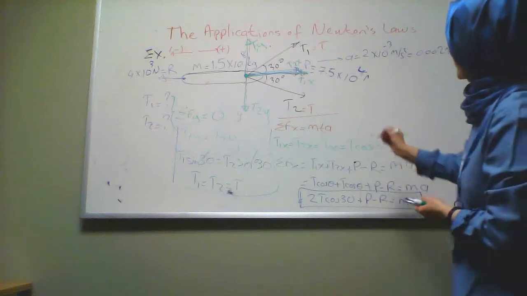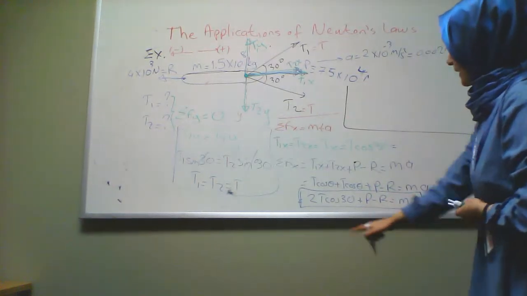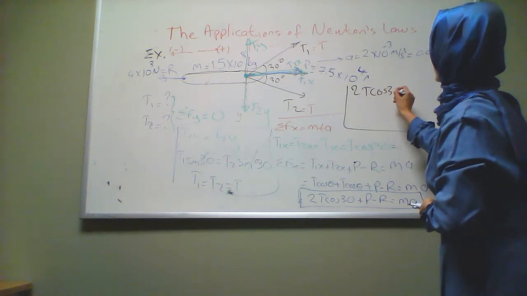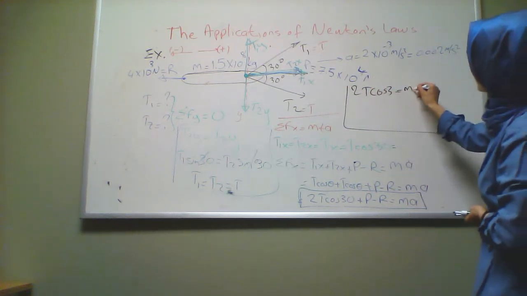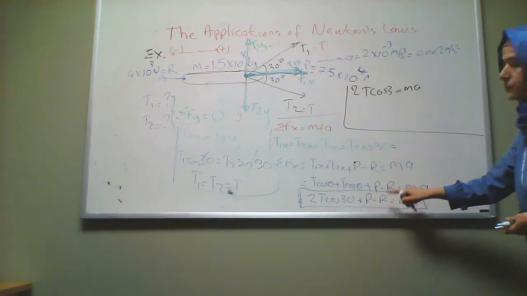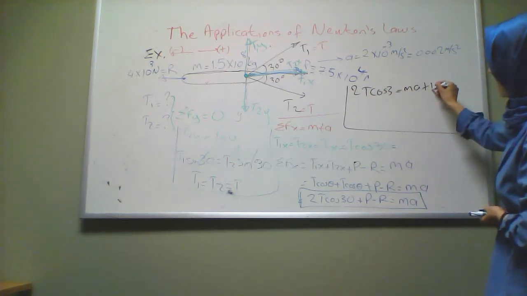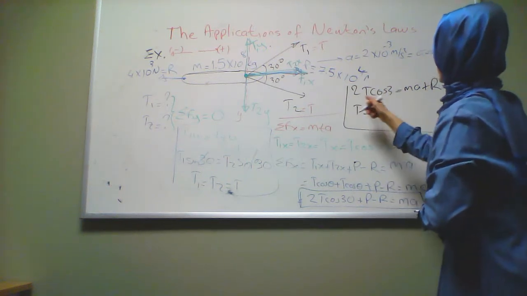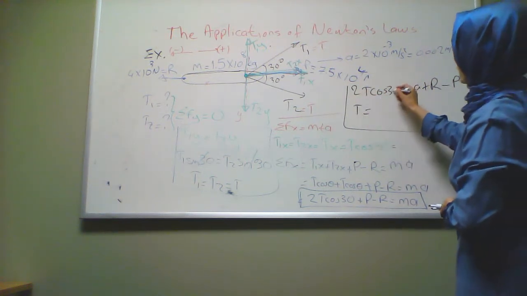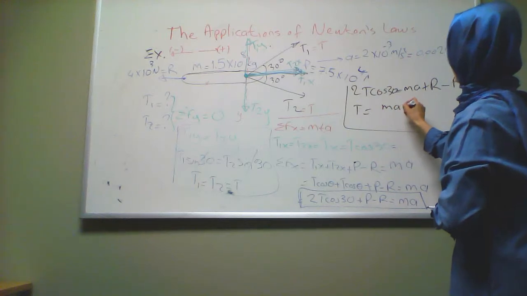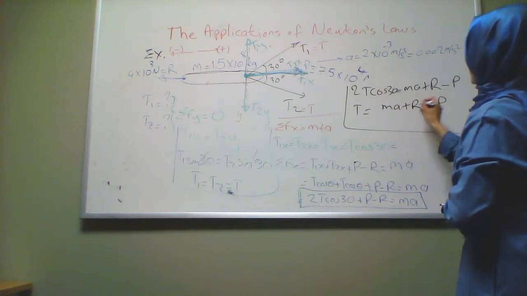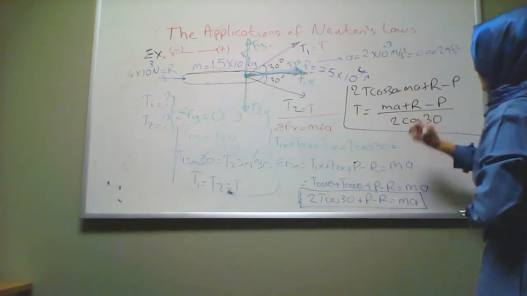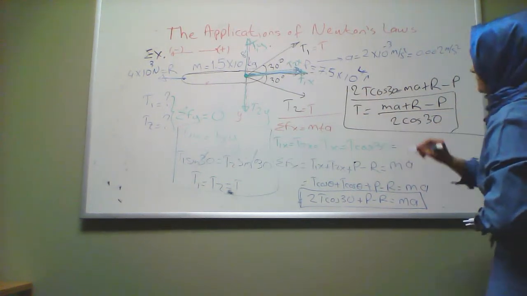Alright, let's go. I'm solving for T, so 2 times T cosine 30 is equal to ma. Minus comes out as plus to the other side, so plus R minus P. And T is equal to, divide each side by 2 cosine 30, ma plus R minus P divided by 2 cosine 30. And this is my T.